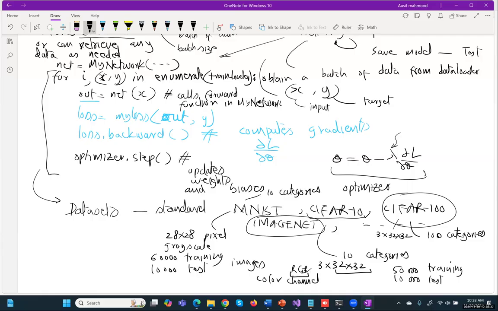Okay, coming to ImageNet. ImageNet is an even more difficult data set. There are different categories for it. ImageNet 1K has 1,000 classes. And the images are bigger. The images are different sizes. For example, one image could be 400 by 650, right?